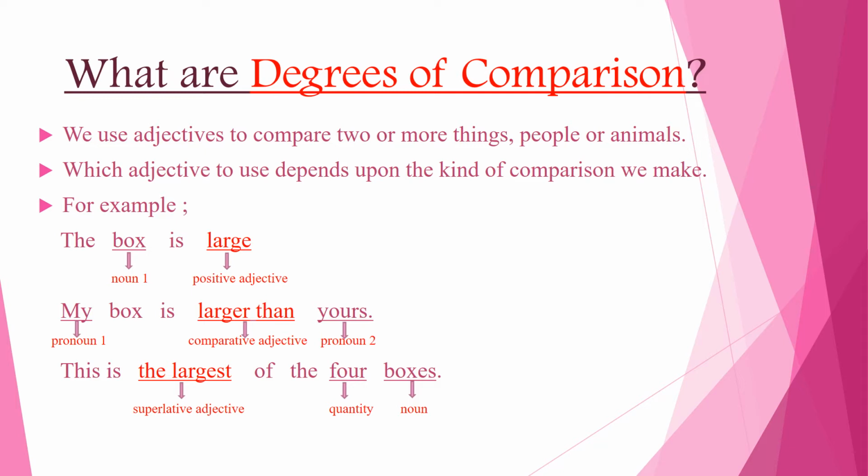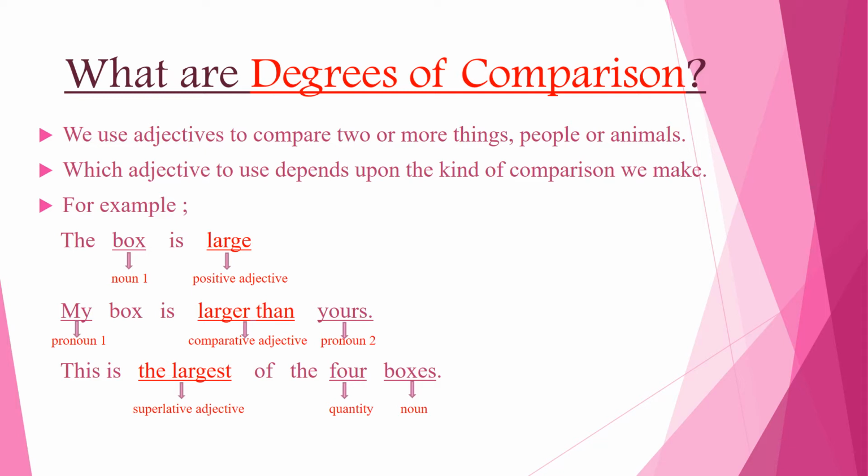Now because I am comparing one box with the other 4 boxes, which is more than one thing, I have used my superlative degree, which is largest. Largest is a comparison made between one box with the other 4 boxes, which is more than one. So the largest becomes the superlative adjective.